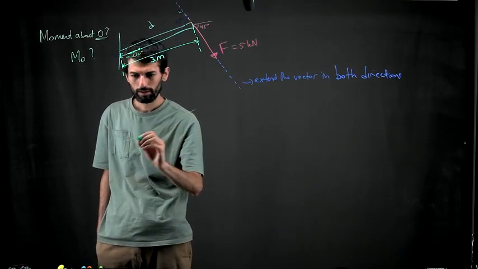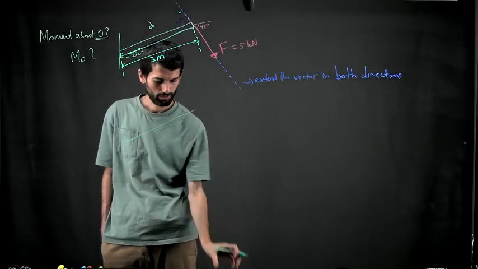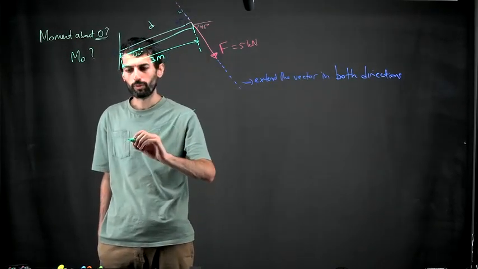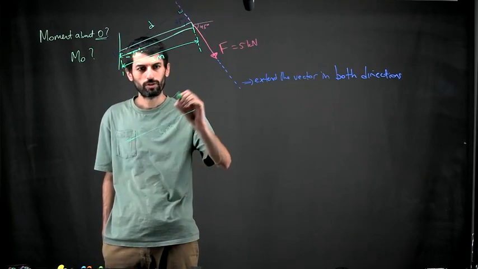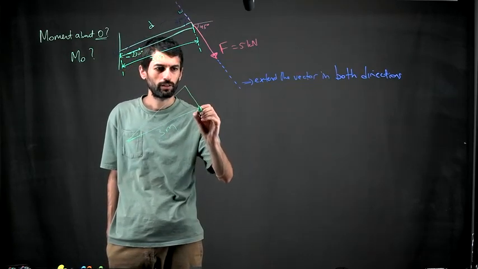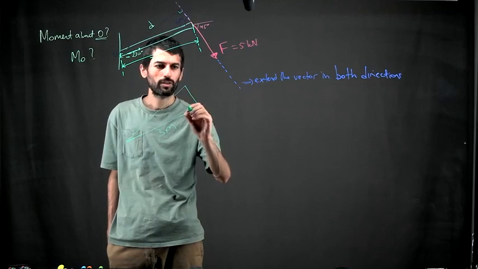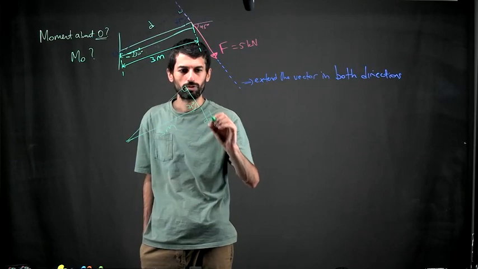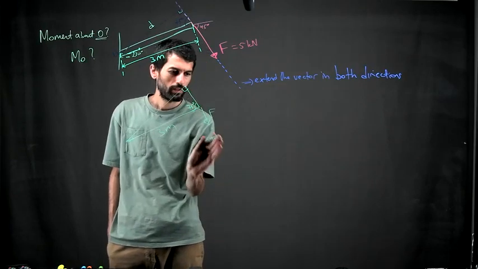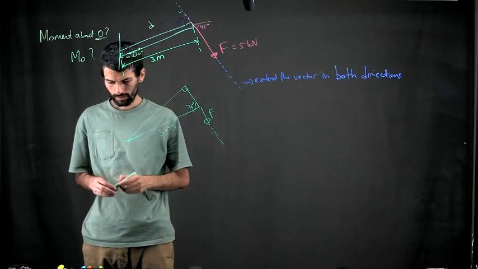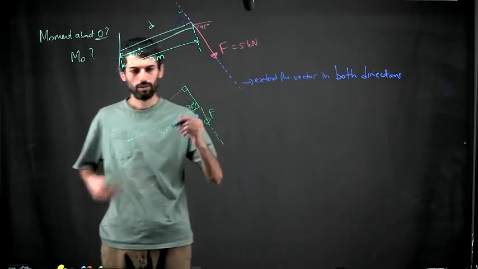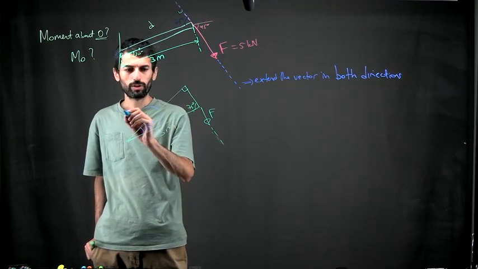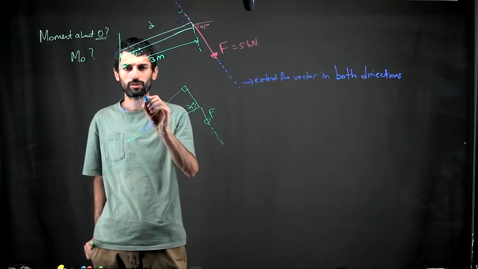This is the bar, which is 3 meters. I have a perpendicular distance to the force, and this one is 75 degrees, this is 90 degrees, and this one is the force. And with 3 meters and 75 degrees, I know that this angle will be 15 degrees, and this distance will be 3 cosine 15.